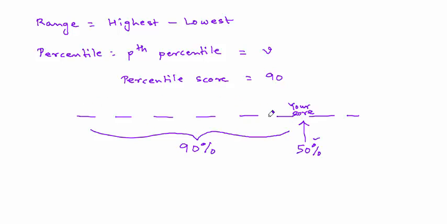Now I'm going to complete this so that somebody looking at this picture doesn't get confused with what I'm trying to say. Now I just mean that 90% of the scores are below your score. And then your actual score, so this 50% or 50 out of 100 or whatever, is your actual score.